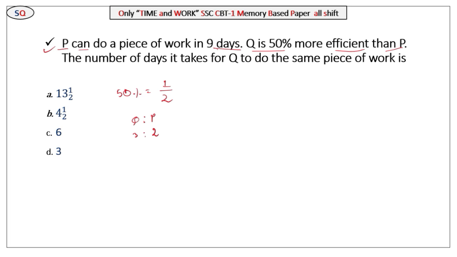Since P can do 2 units of work in 1 day, we multiply 9 into 2, which gives us 18 units. So in 9 days P has done 18 units of work.